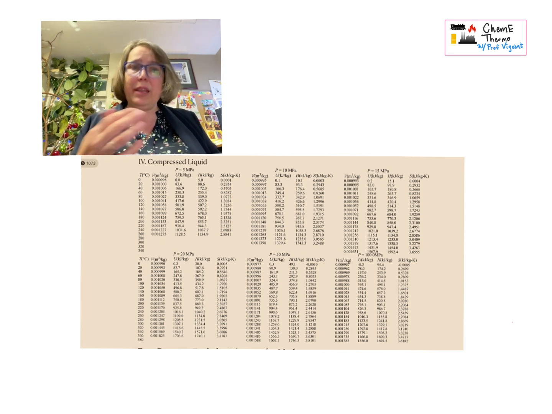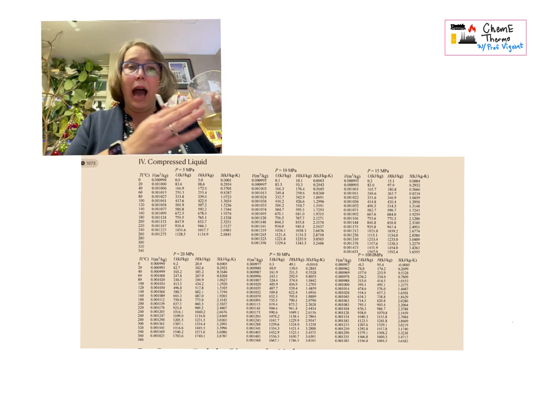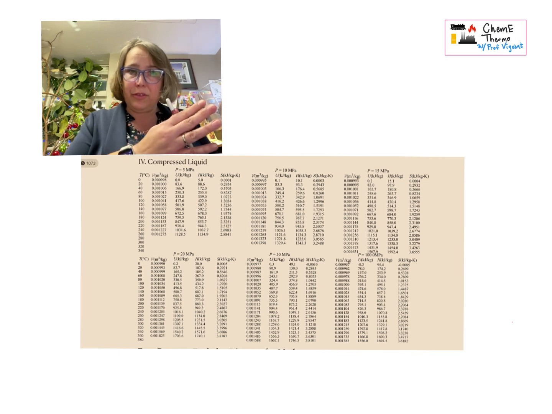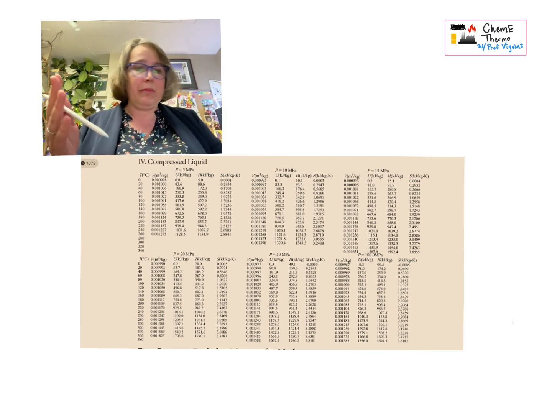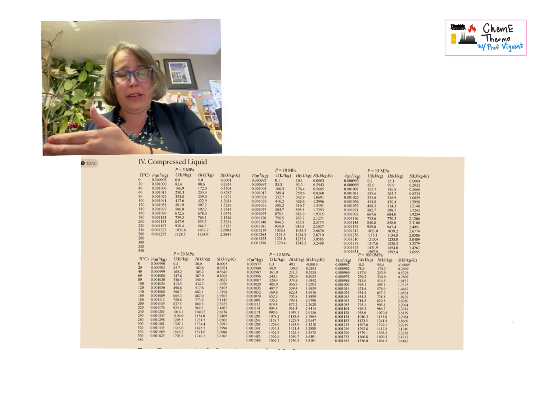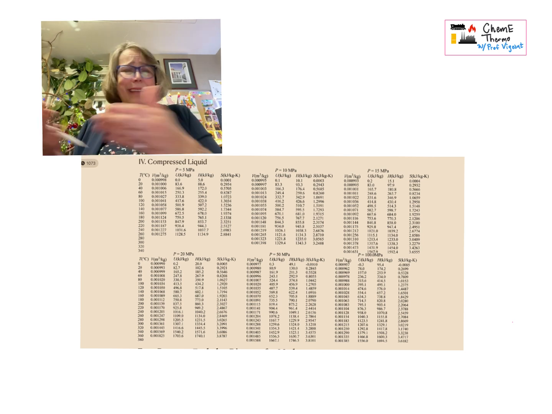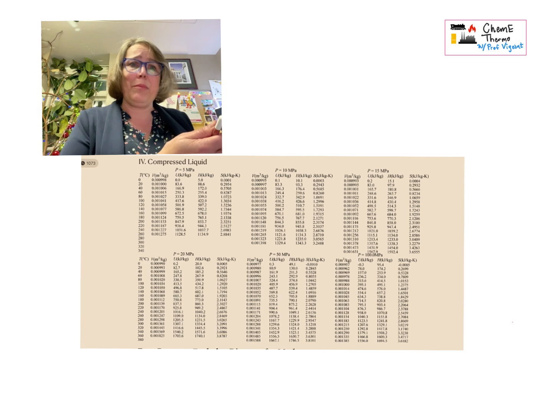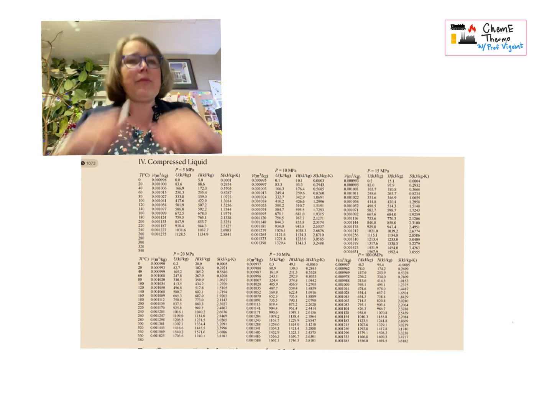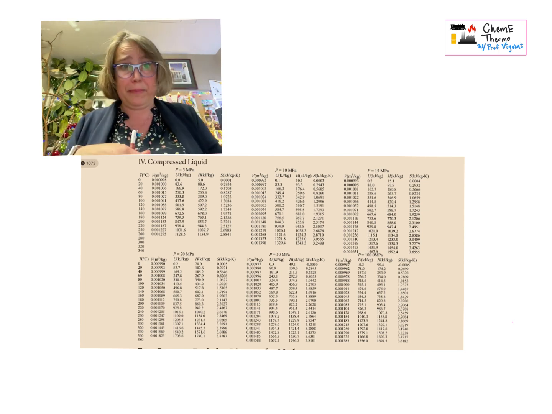And so what if we needed to do some math on this substance right here, right now? Well, it's not on the saturated table because, again, it's not on the point of boiling. It's not superheated. It is clearly not steam. What's the only thing left? The thing left is called compressed liquid.